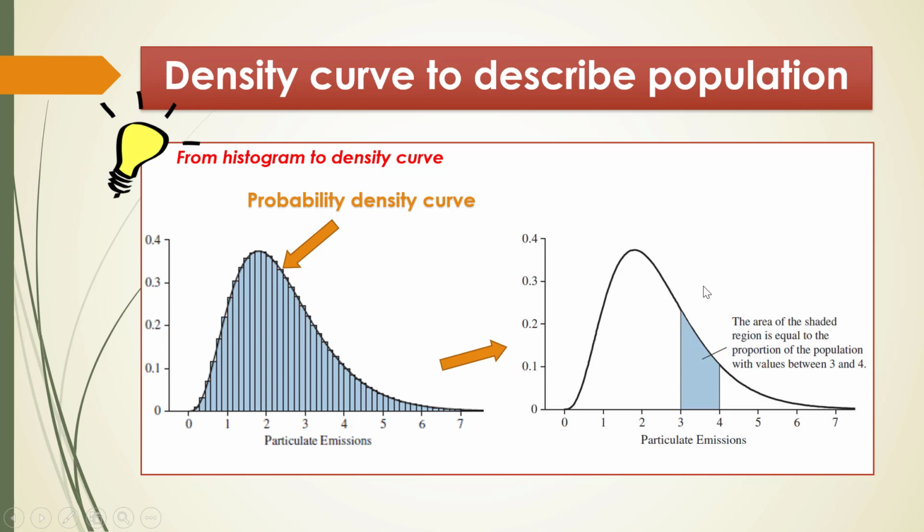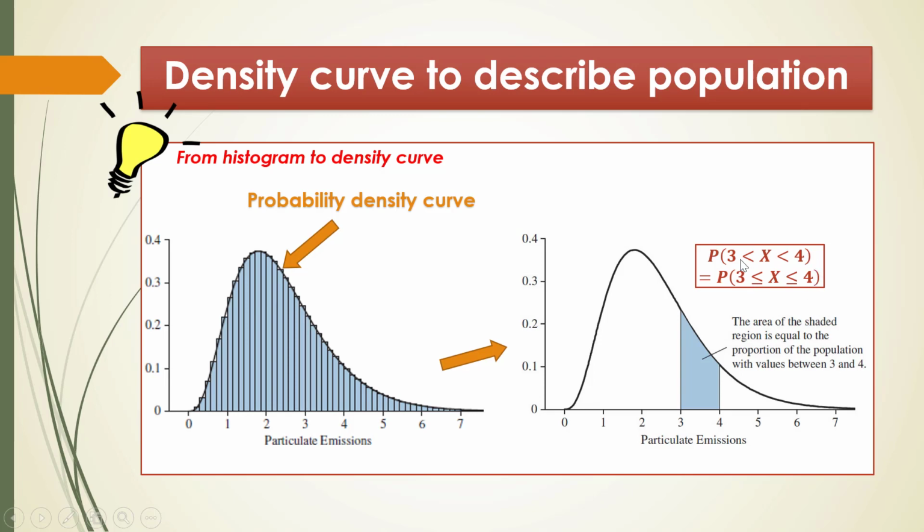The second interpretation is the probability that a randomly selected item from this population is between 3 and 4. Technically, this area represents the probability that x is between 3 and 4, the same as the probability that x is greater than or equal to 3 and less than or equal to 4.